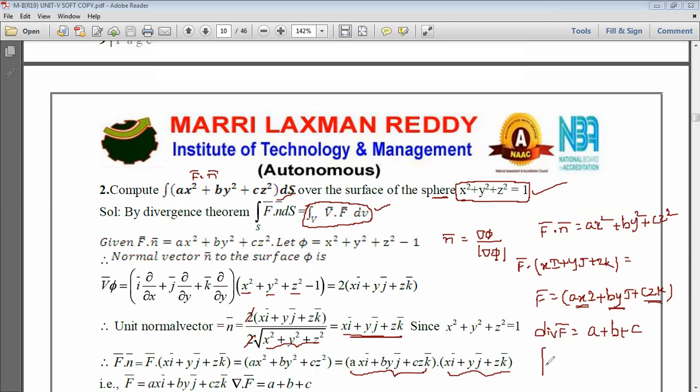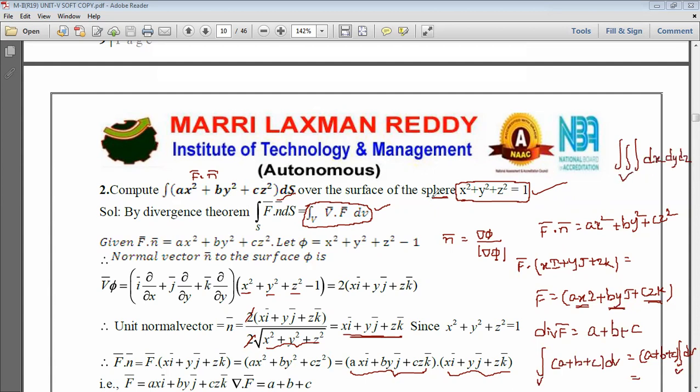Simply what we will write is integral of a plus b plus c into dv over the volume. So this is equal to, simply, a plus b plus c is a constant, we can write it outside: a plus b plus c integral dv over the volume V. Already we know that the integral of dx dy dz is simply integral dv over the volume.